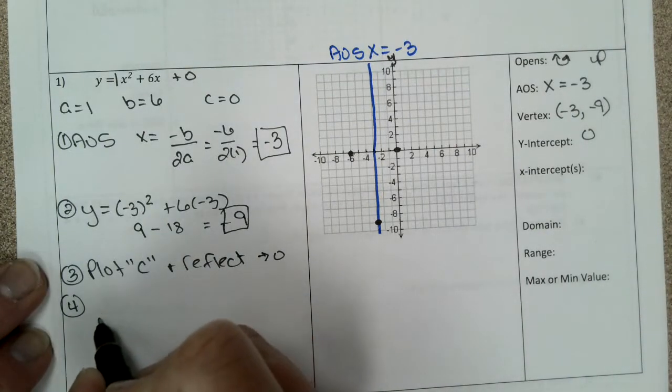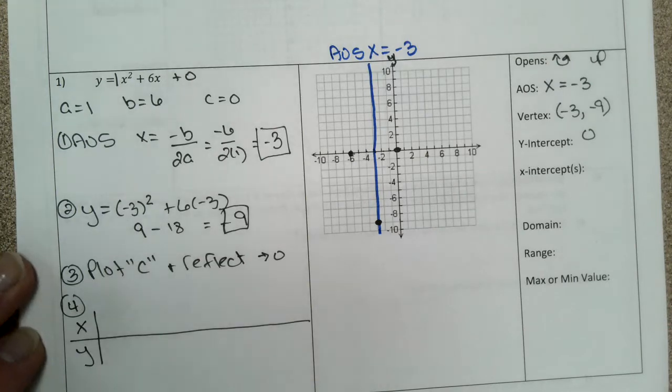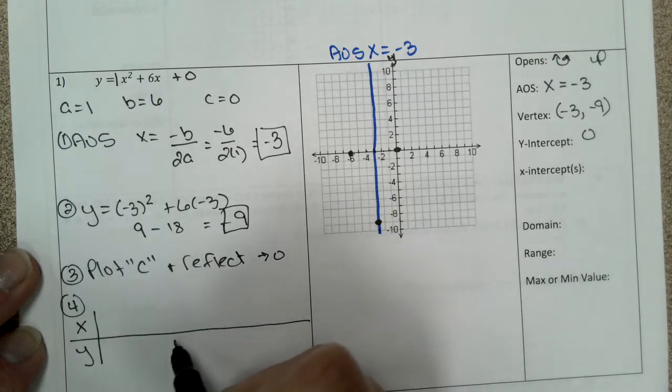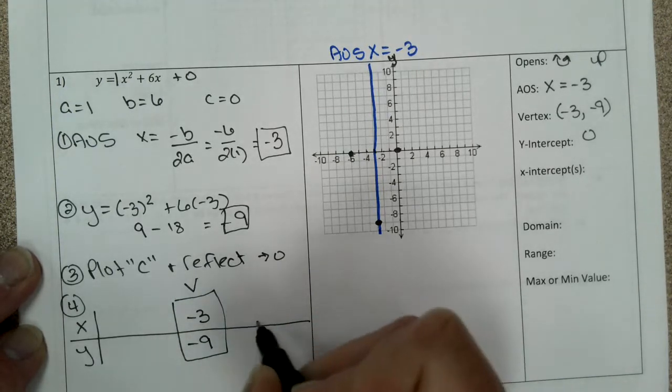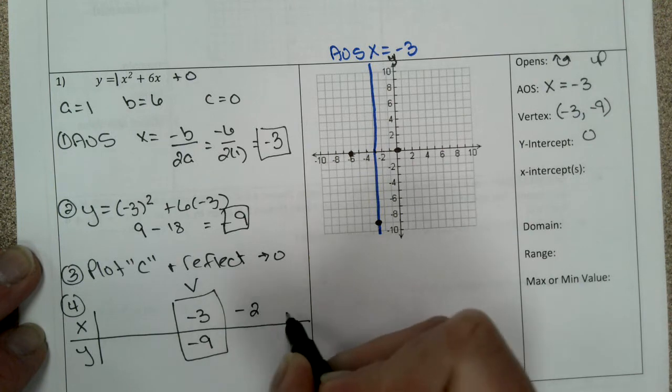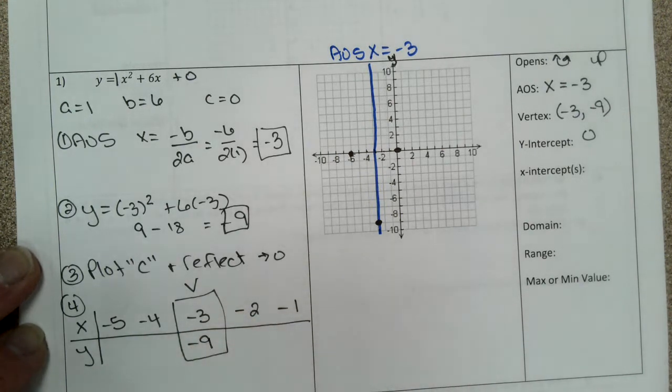I'm going to go ahead and make a table of values to remind you what that would look like. Take your vertex and put it in the middle, and then choose values that go bigger, bigger, smaller, smaller.